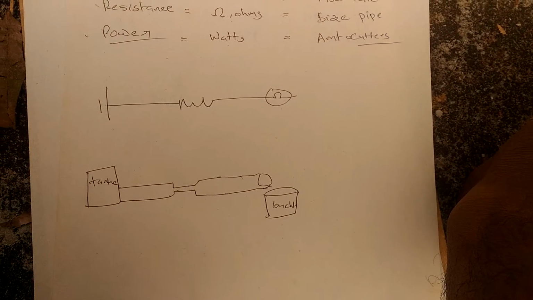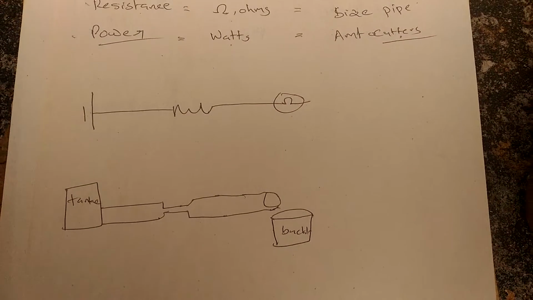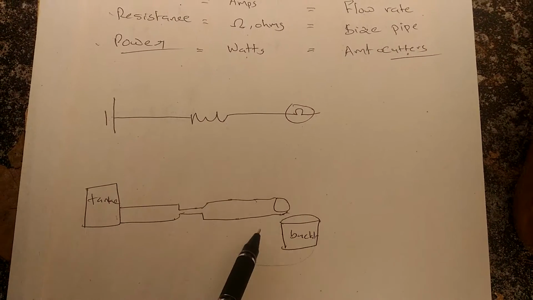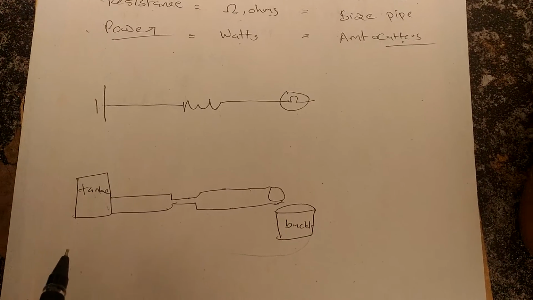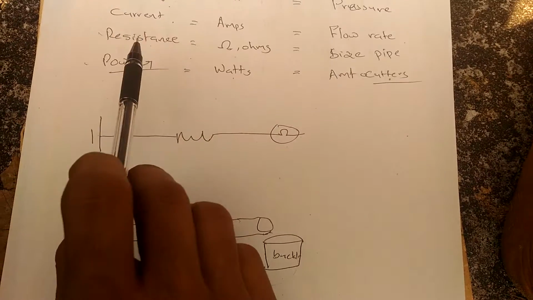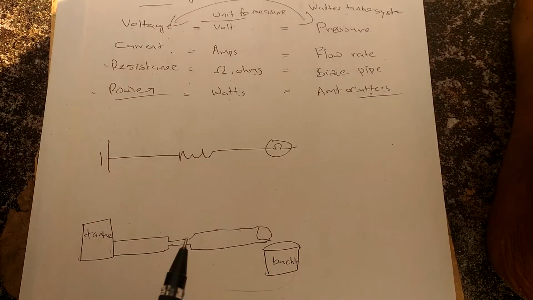I think that you understand what I mean. We are much more familiar with this second picture because we know how the water system works. We can connect the voltage, current, power, and resistance to this.